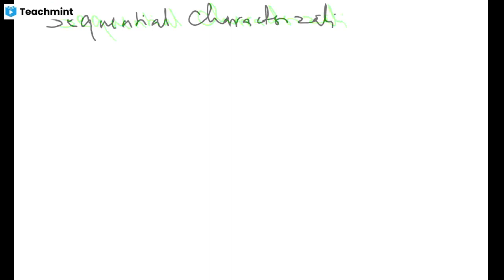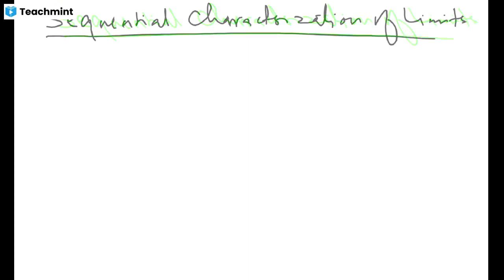And for that, the result that I'm going to tell you here is what we call the sequential characterization of limits. So what it says, our requirement is to have an interval where the function is defined except possibly at the point where the limit is to be calculated. So let us put that requirement first.